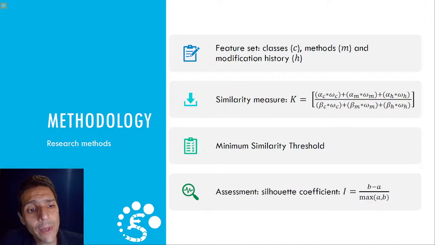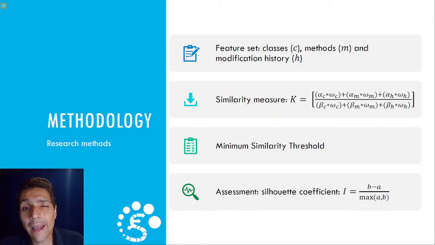So our methodology, the research methods we used mainly: we had a feature set made of classes, methods, and change history, or modification history. This by itself was a novel approach, especially because we combined classes and methods.